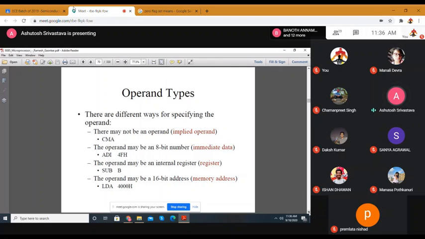The contents of your register B, which would be an 8-bit number, would be subtracted from the value of the contents within your accumulator.